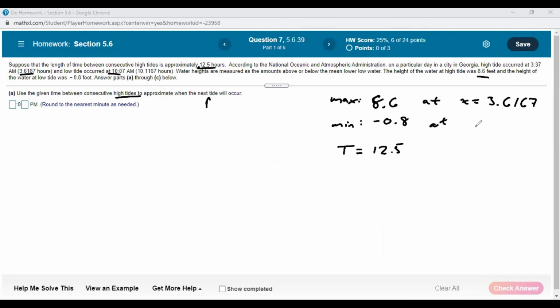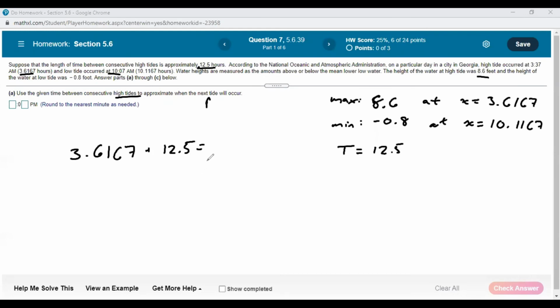And while we're at it, the minimum happened at, they told us this, they didn't actually technically need to, but I'm not complaining. Okay, now the next high tide. So that's going to be 3.6167 plus 12.5.